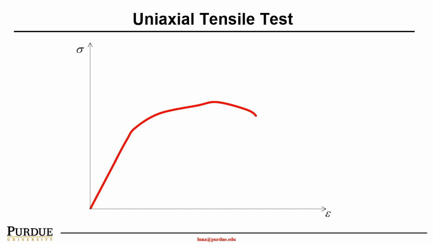For instance, if I have a steel, this is a typical behavior I would expect for a normal steel. But if I increase the strength of the material, I would expect the stiffness of the material to increase, the modulus to increase. As you can see here, the slope of the blue curve is way higher than the red curve.